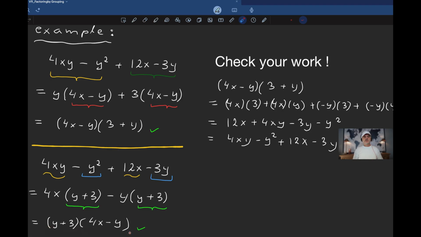So if you were to check either one, you would expand it, multiply it, and simplify. You must get the original question. So we always check our work. That's the secret weapon that you're learning. Always verify. So you multiply 4x times 3, you multiply 4x times y, negative y times 3, and negative y times y.